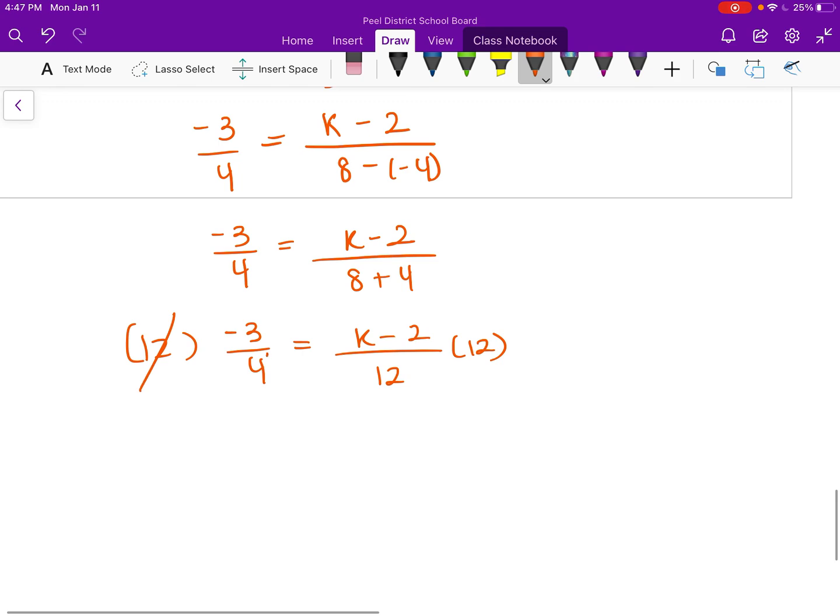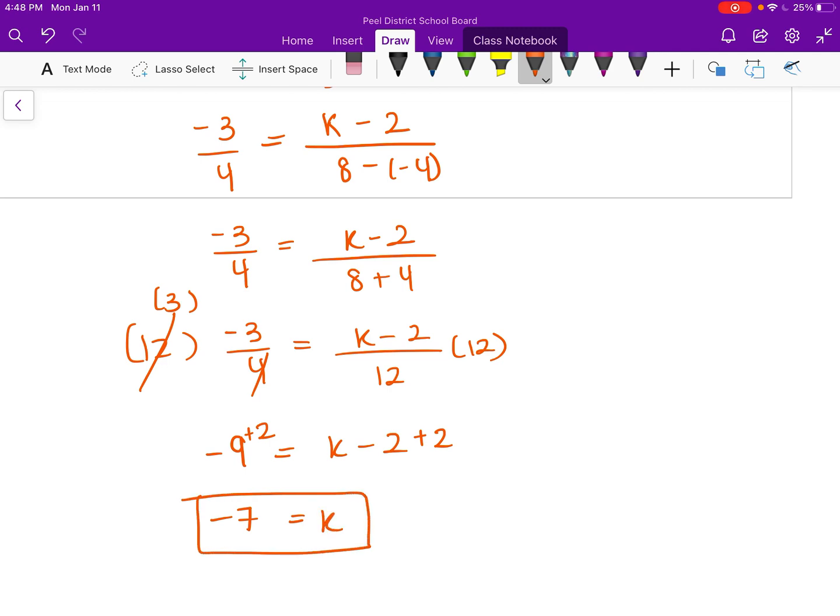So then I have 12 and 4. They cancel each other out, so this becomes 3. So then I'm left with negative 3 times negative 3, which is 9, equals k minus 2, right? I want to get rid of that 2, so I'm going to add 2 to both sides. 9 plus 2. And this has to be a negative because it's a negative and a negative. So negative 9 plus 2 gives me negative 7 equals k.